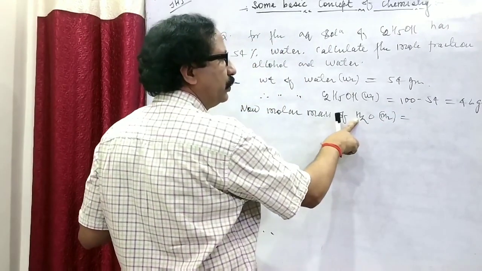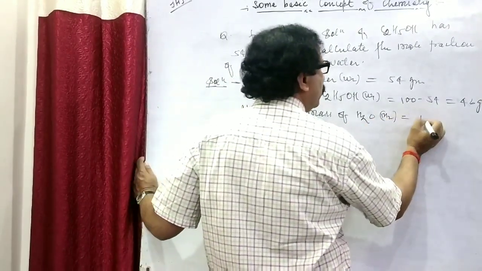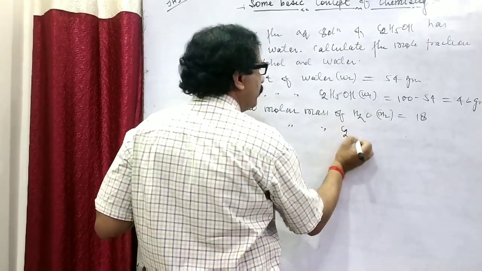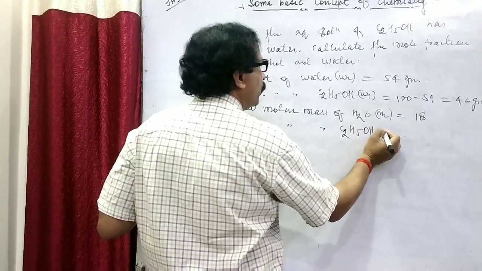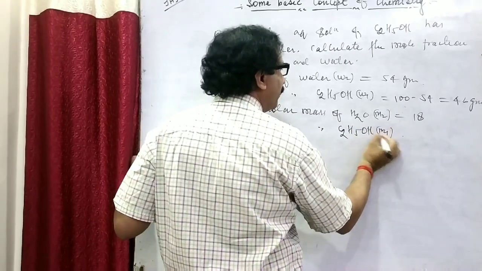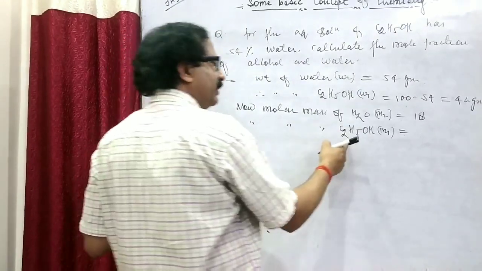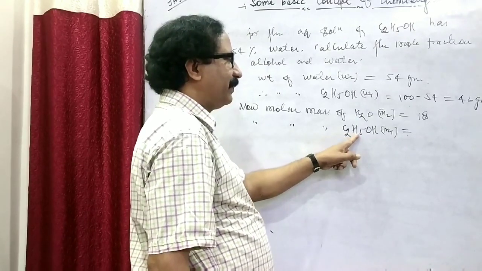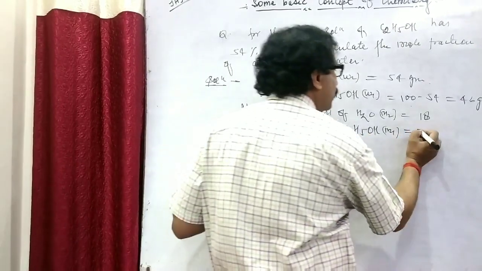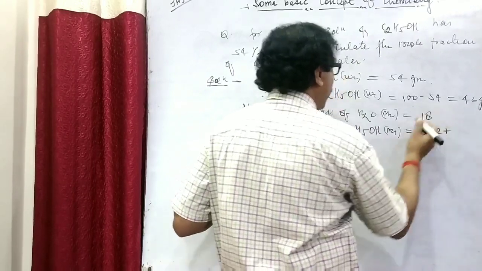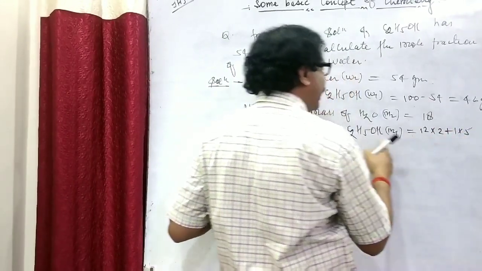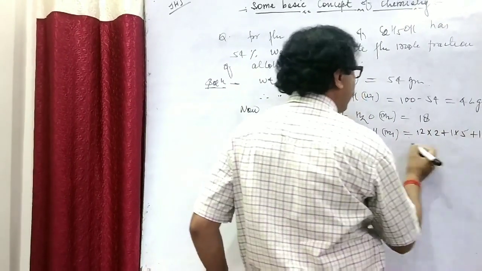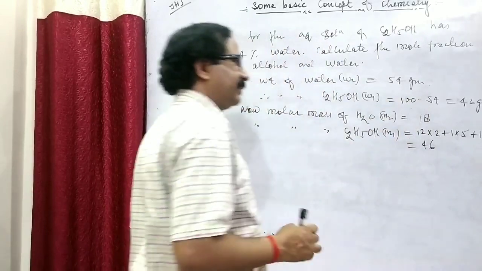Everybody knows hydrogen 2 and oxygen 16, so 18. In the same way, molar mass of C2H5OH, that is M1: carbon 12 into 2 is 24, plus hydrogen 1 into 5, plus oxygen 16 plus hydrogen 1, makes 46.